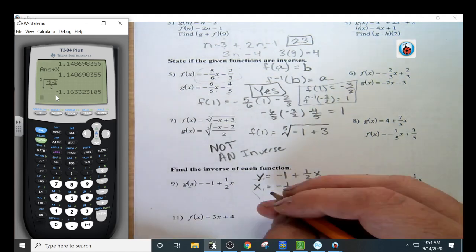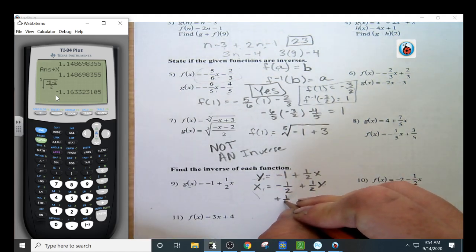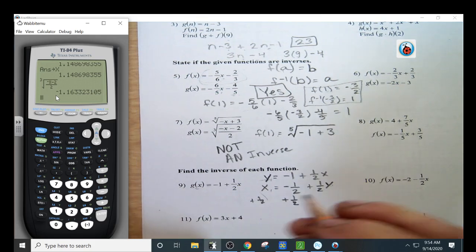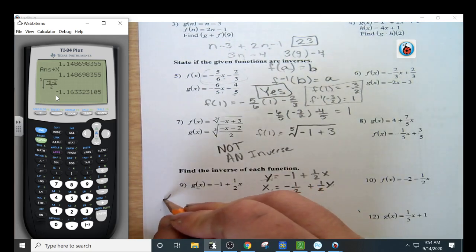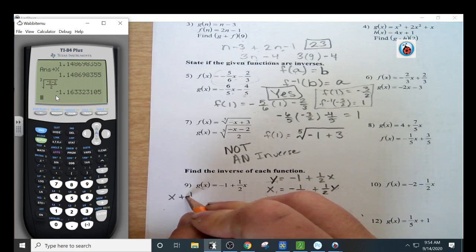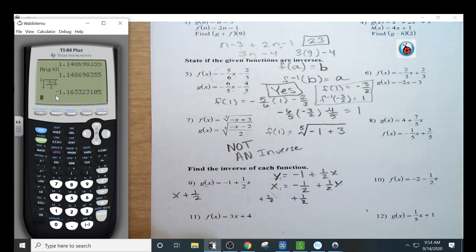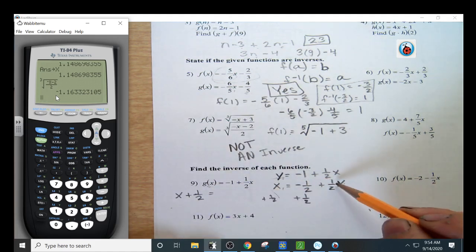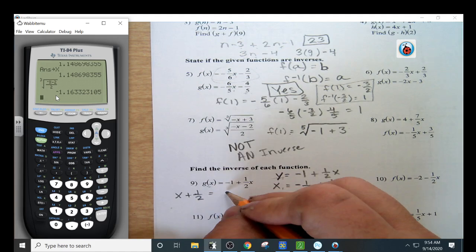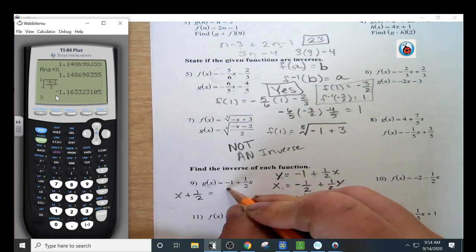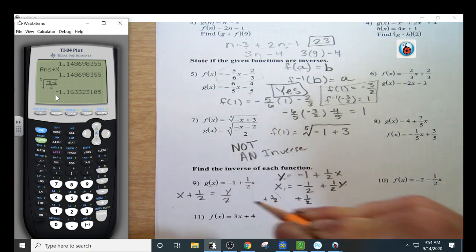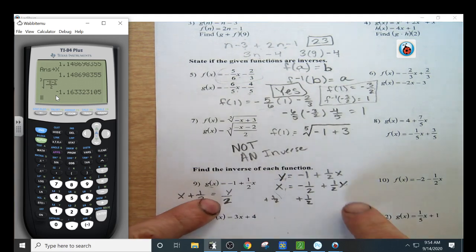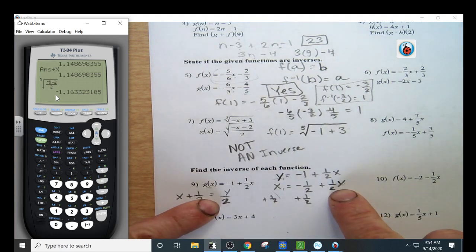So you're going to add the 1 half. On the right over here, it's going to be x plus 1 half equals. Now, guys, instead of writing 1 half y, 1 half y is the same as y divided by 2. Y divided by 2 and 1 half y are the exact same thing.